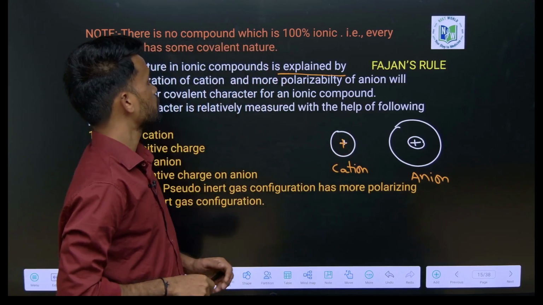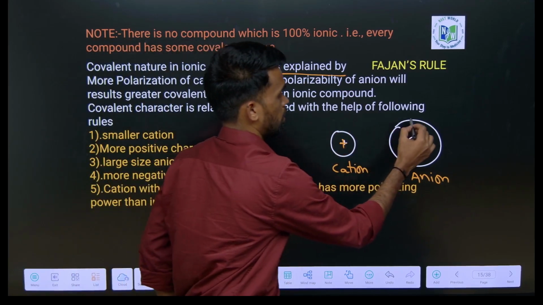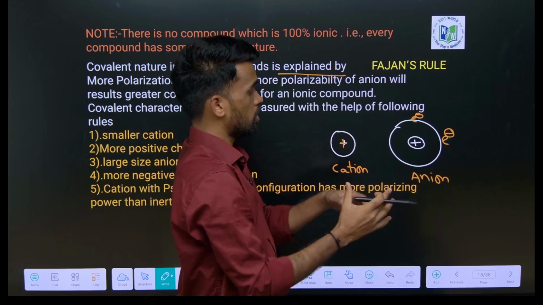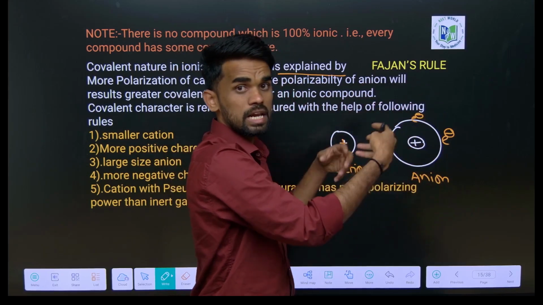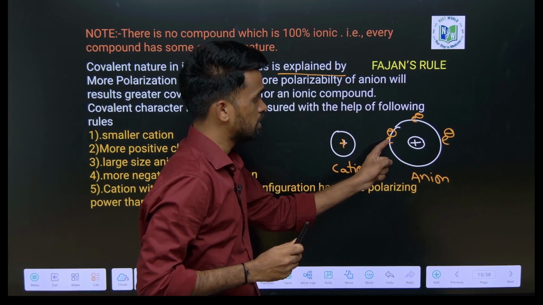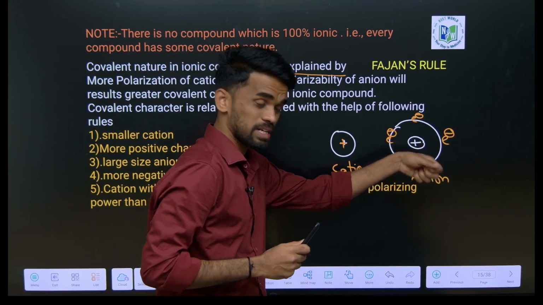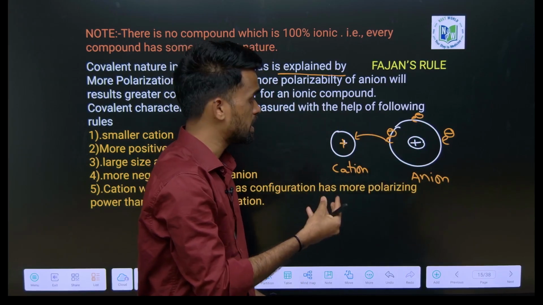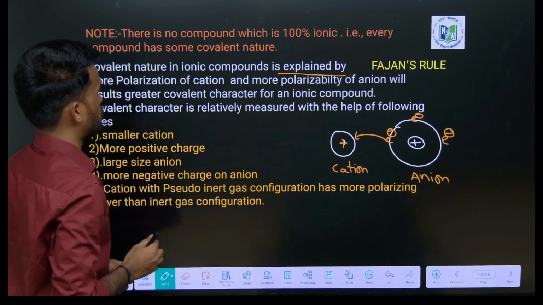Now, this bigger size indicates the electron cloud is spread to a greater extent because of its more electron density. Now these electrons are polarized by what? The nucleus of this particular element itself, and also the neighboring positive charge, that is the cation. Okay, so now what happens?